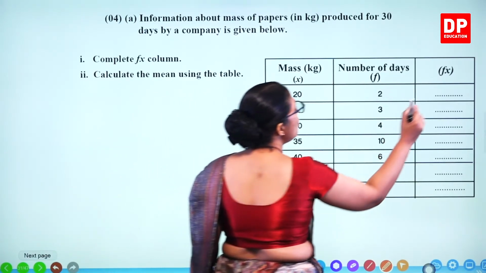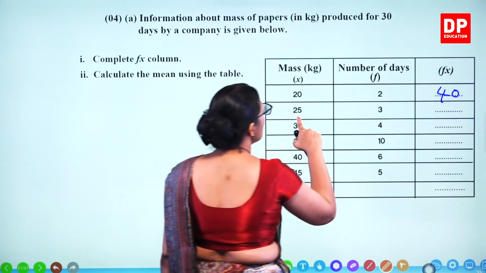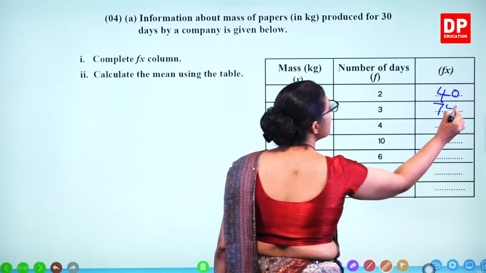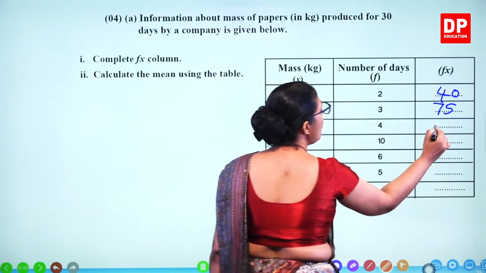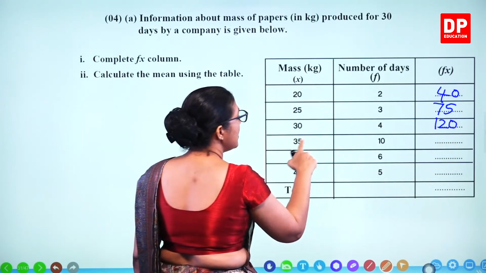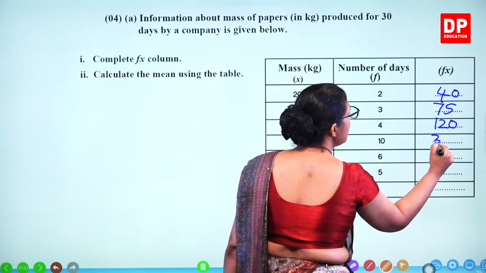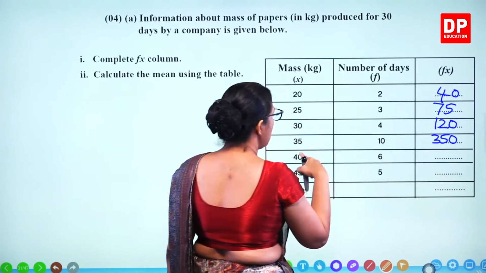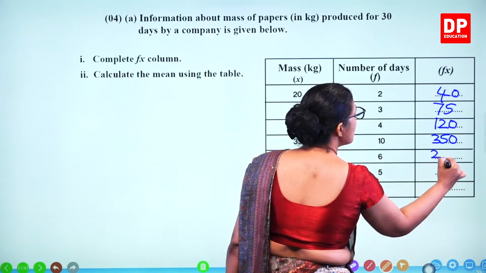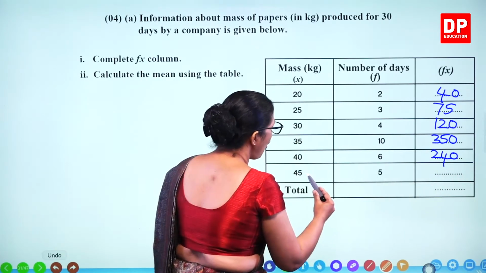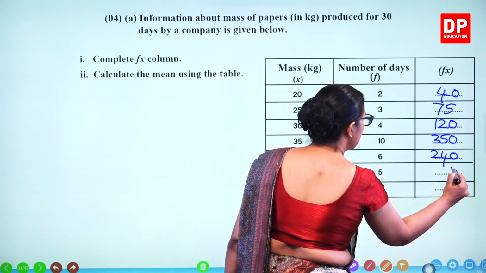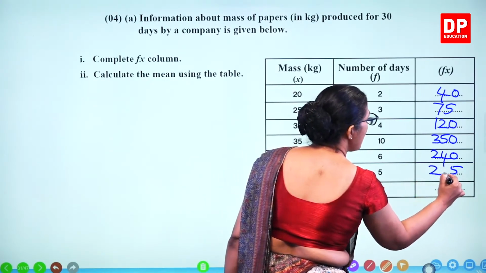20 times 2, 40. 25 times 3, 75. 30 times 4, 120. 35 times 10, 350. 40 times 6, 240. 45 times 5, 225.